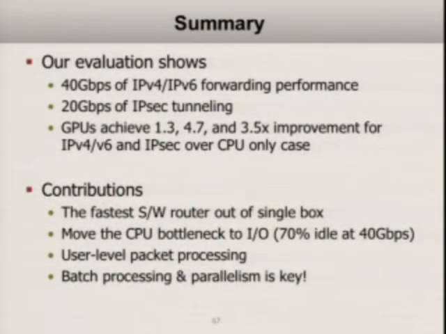As a summary of PacketShader, our evaluation shows that we can perform very fast packet forwarding by utilizing the GPU. Our contribution in this work is that ours is the fastest software router on a single box, as far as I know. And our work shifts the bottleneck from CPU to I/O.